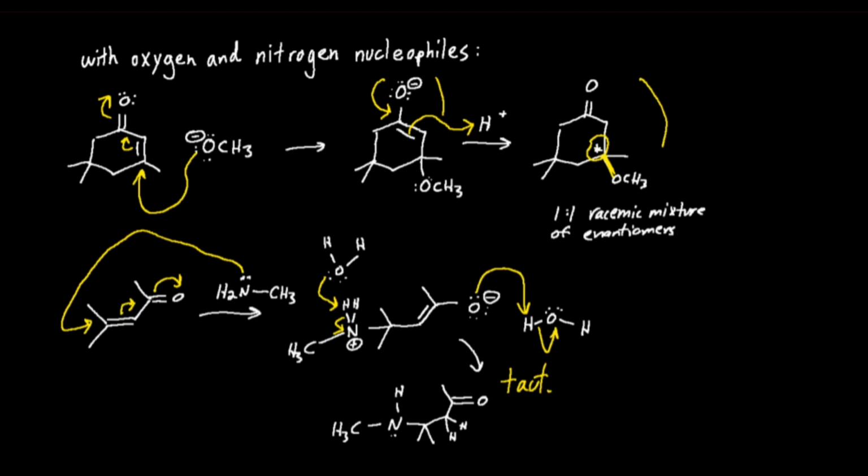Visualize an intermediate where this becomes an alcohol, and then that's an enol that will tautomerize readily to the ketone. So you can do it in both ways, and we've seen that before. There's our new bond from a nitrogen nucleophile.